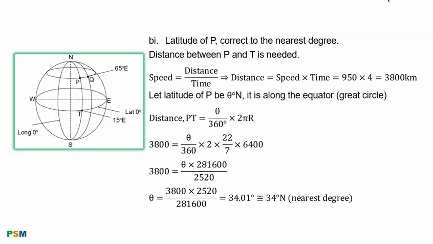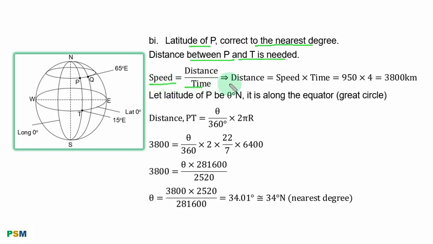B part of the question, Roman figure 1, latitude of P correct to the nearest degree. Distance between P and T is needed. From the question, the speed and the time are given, but speed is equal to distance over time.